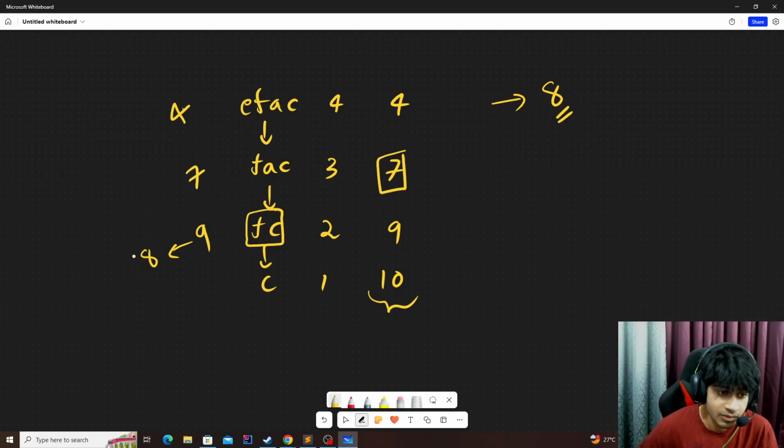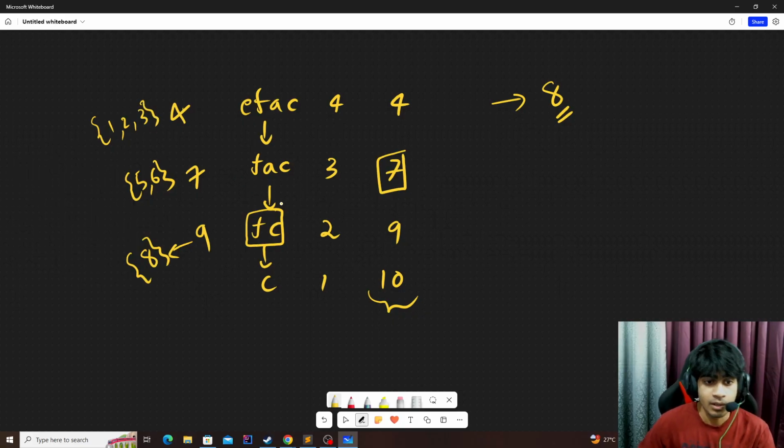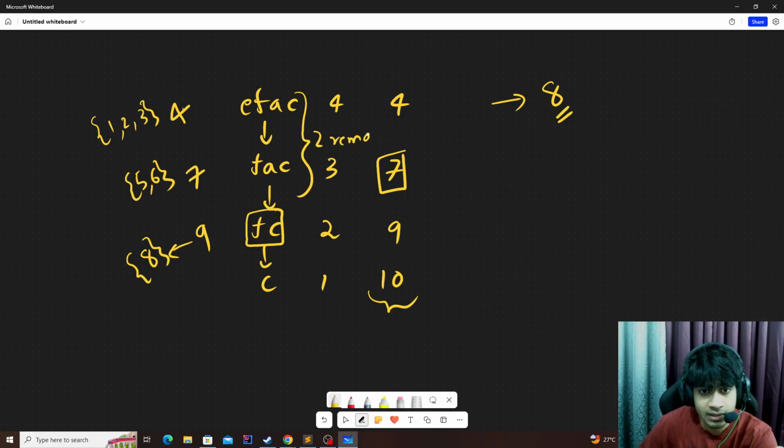Similarly, this one has the positions 8 and so on, this one has positions 5 and 6, this one has positions 1, 2, 3. Once you find out in which step the position is asked, because here there were a total of 2 removals, you got FC.